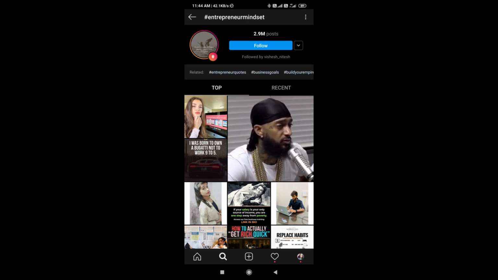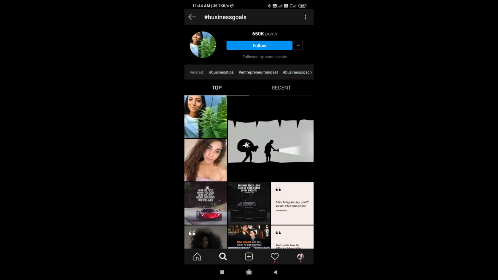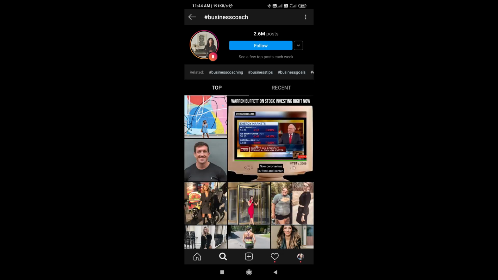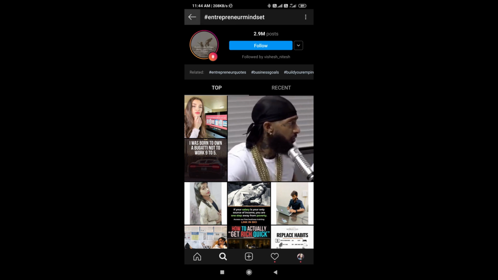Now if you keep going, this is hashtag business goals, and it has 650k posts, which means you can put it in the second category. If you keep searching, this has 2 million, which means the first category. All of these are first category.